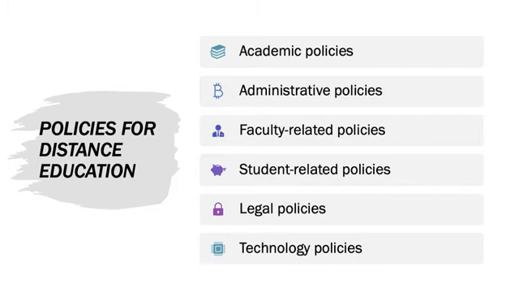For legal policies, there should be some legal policies and issues about data security, since you're collecting a lot of students' data in fully online courses. There could also be intellectual property rights, especially about the courses that the faculty created.